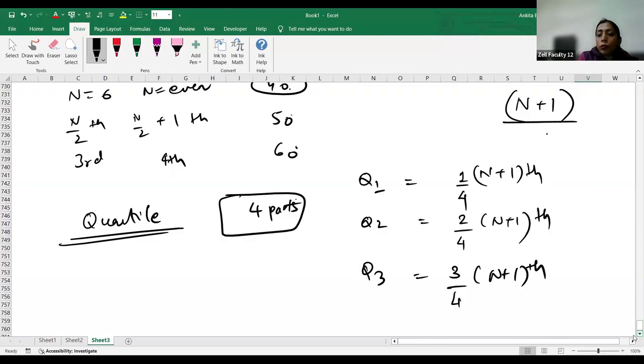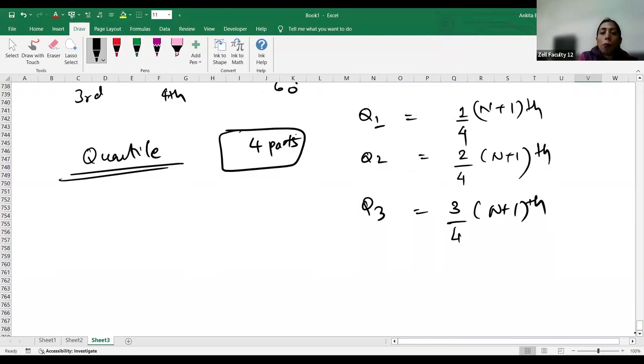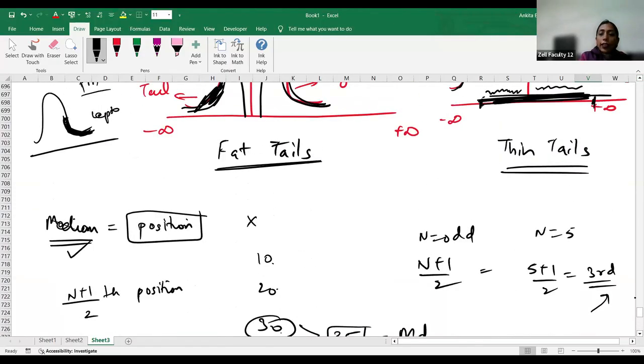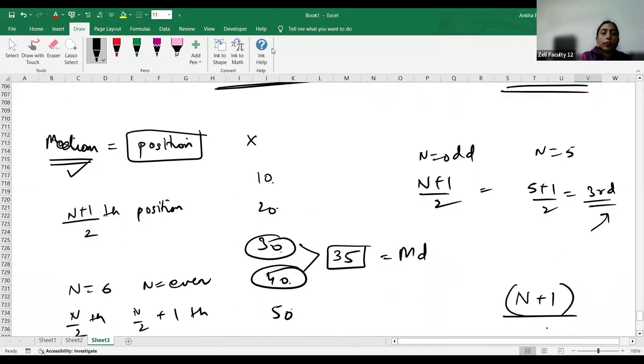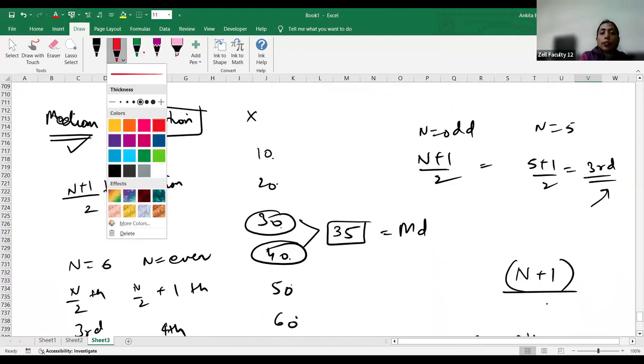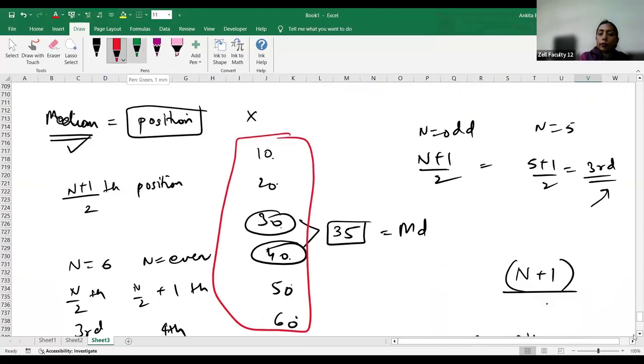Okay. Now, if I would have drawn a diagram like this, where if you look at the data that I was giving to you earlier, 10 to 60, where we found the median as 35.